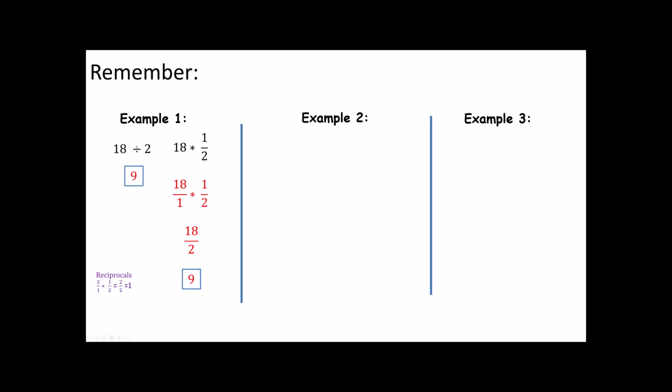And whenever I have a division problem, I can predict ahead of time what multiplication problem will give me the same solution, because dividing by a number always gives us the same result as multiplying by its reciprocal. That's our rule for today. Division is the same as multiplying by the reciprocal.